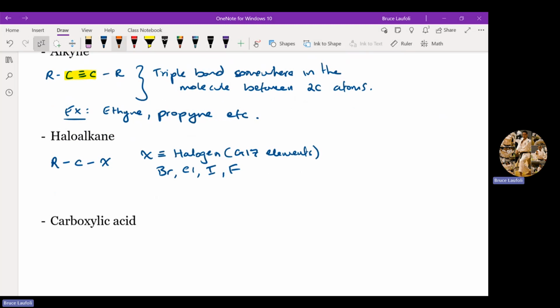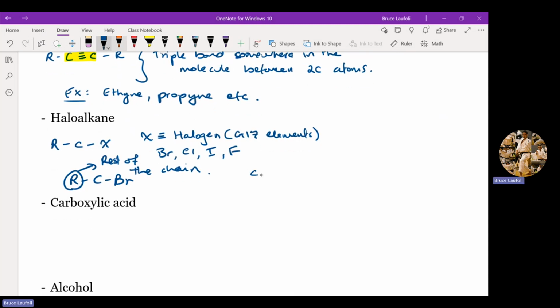A common example would be something that looks like this: C that's bonded to a Br. Just recognize that this R over here means rest of the chain. So it just means whatever's there. It's not really that important, so we just denote it as R for the rest of the chain. It can also be C, Cl, sorry, that's a C, CF. So anytime we see a halogen, it's classified as a haloalkane.